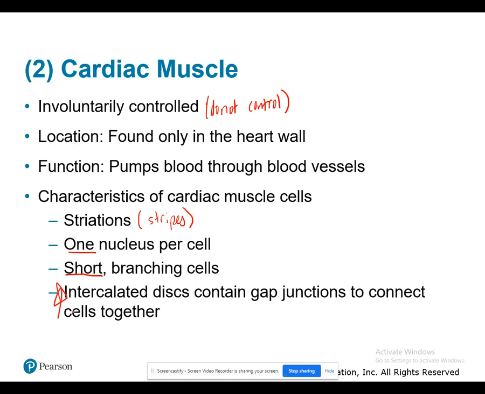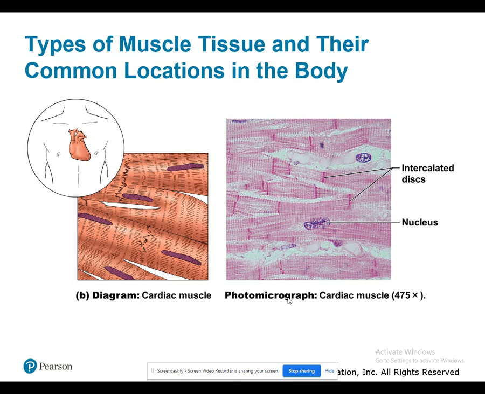So intercalated discs are very important. I would highlight that and star that in your notes because that is one dead giveaway between the difference between cardiac and skeletal. Now, if you don't know what intercalated discs are, all of these is where gap junctions are located, and gap junctions actually help connect cells together.